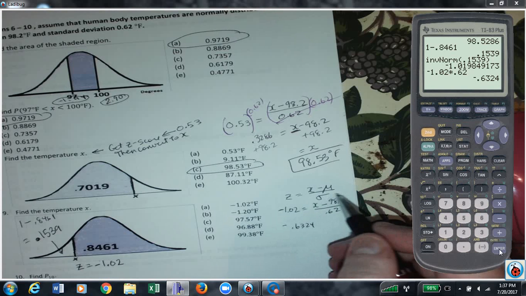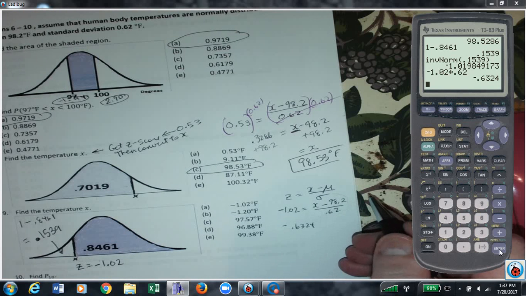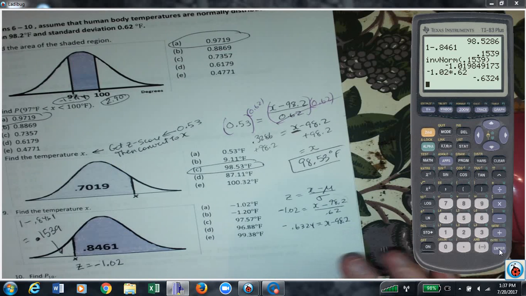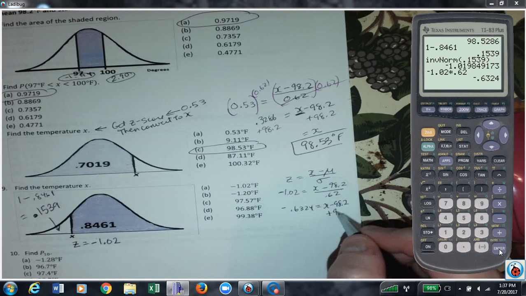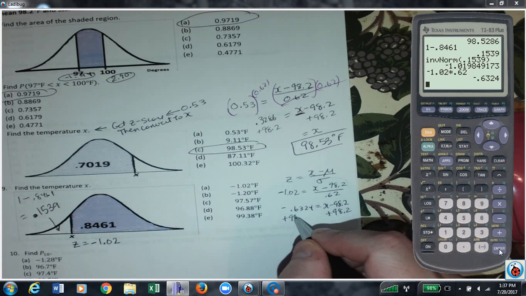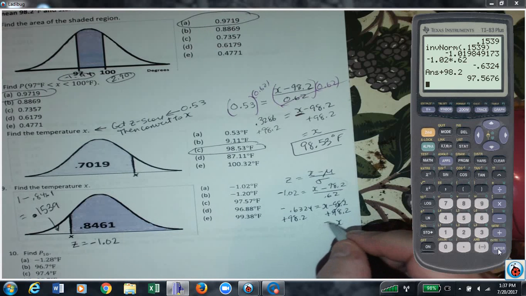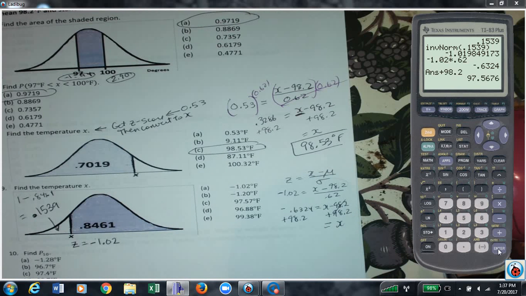If I multiply this fraction by 0.62, then the 0.62's cancel. To get x by itself, I add 98.2 to both sides again. So I'll just do plus 98.2, my most recent answer. And those cancel, and I have x is equal to, if I take it to 2 decimal places, 97.57.